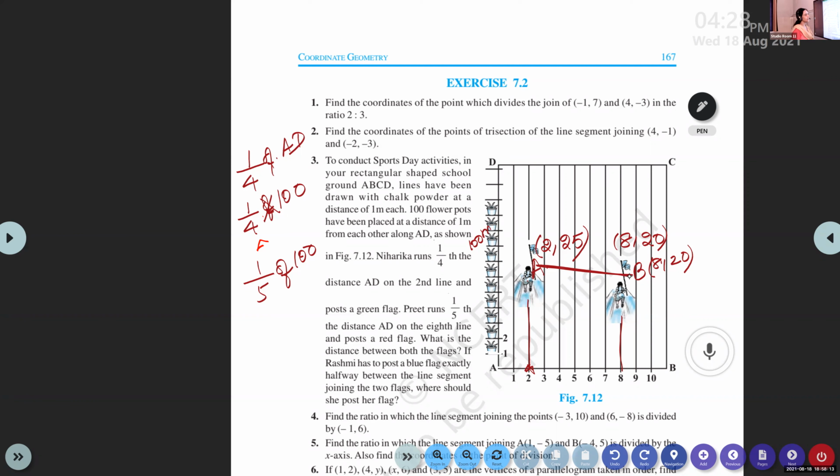That means what you have to find? Midpoint. Yes, we want to find the midpoint. Suppose C is the point where Rashmi wants to post this flag. We want to find C, the midpoint.